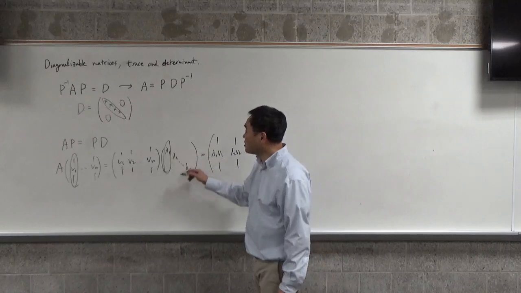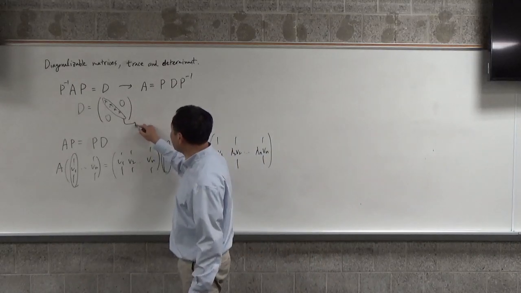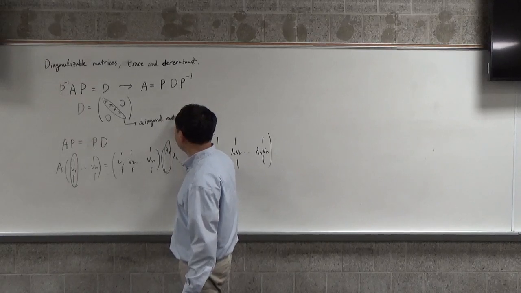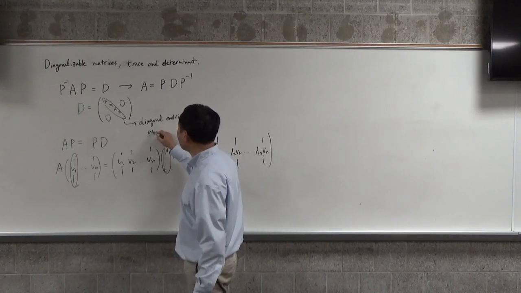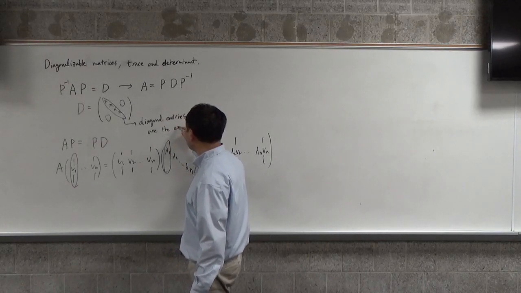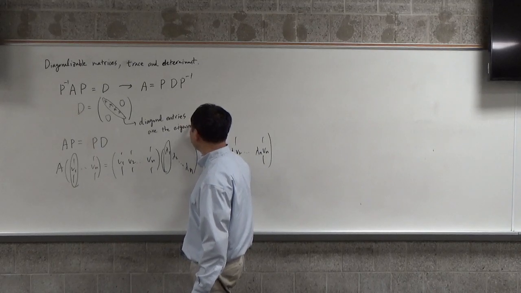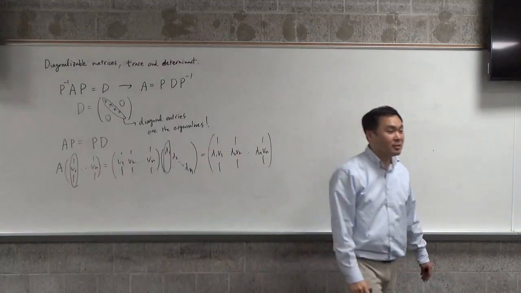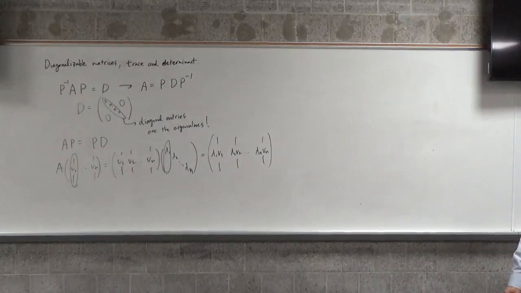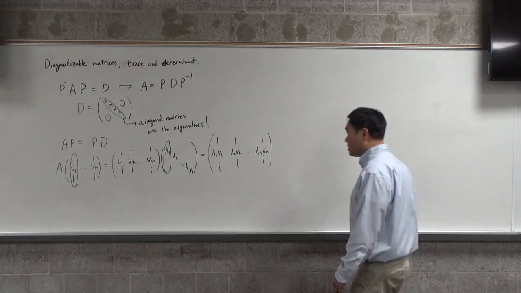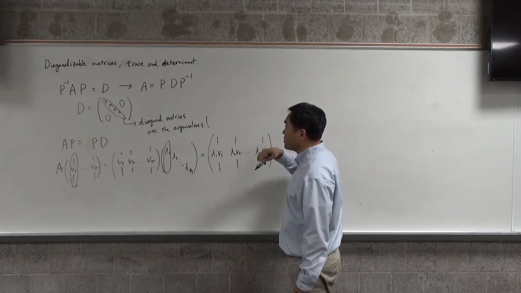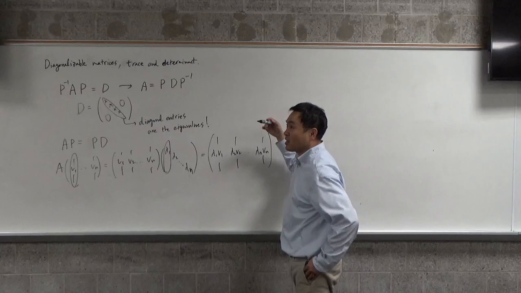So in other words, the diagonal entries are the eigenvalues. Okay? Along with these, there are some other nice properties of a diagonal matrix.